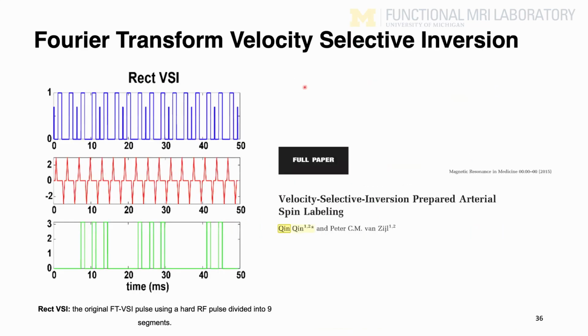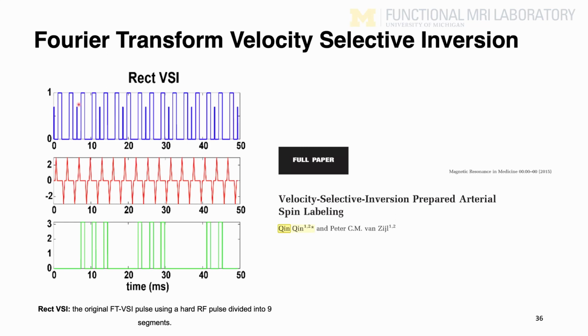But then what was really cool was a paper from Chin's group and Peter Van Zijl on Fourier transform velocity selective pulses. They essentially figured out that you could excite moving spins following a velocity k-space pattern. For example, you play this pulse broken into chunks, so this would be a rect pulse.